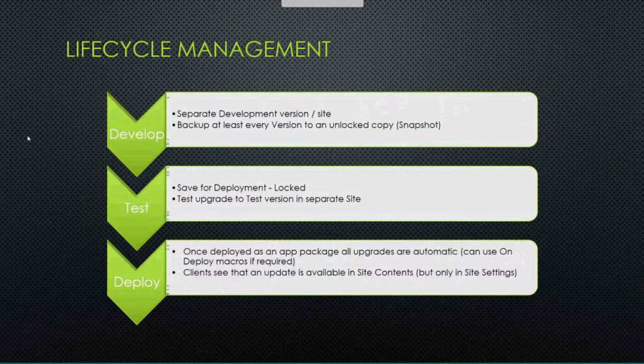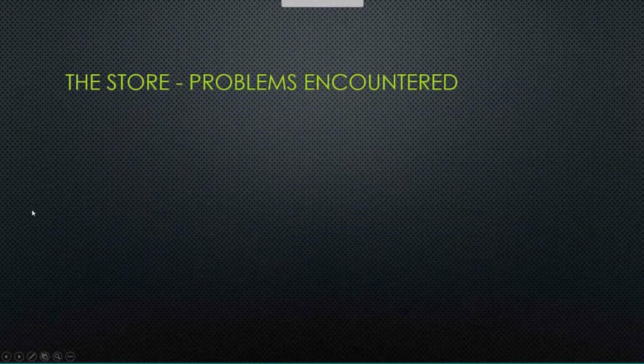Clients then see that an update's available in site contents, and it's quite easy to then apply, although it can take 10 minutes or so. So, problems with the store.